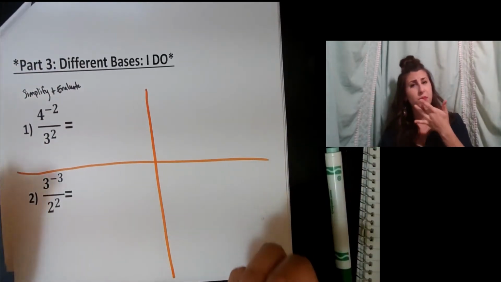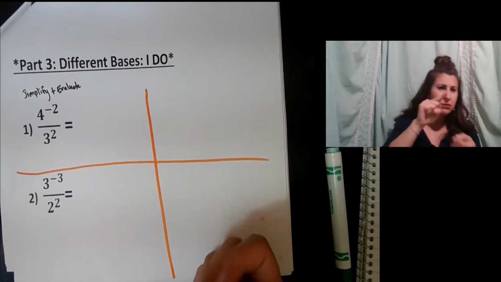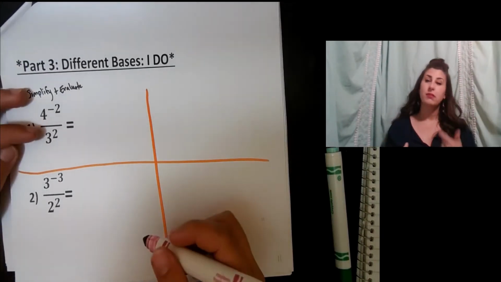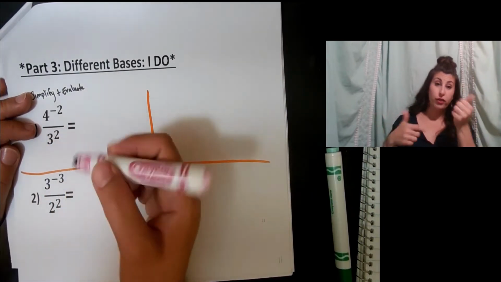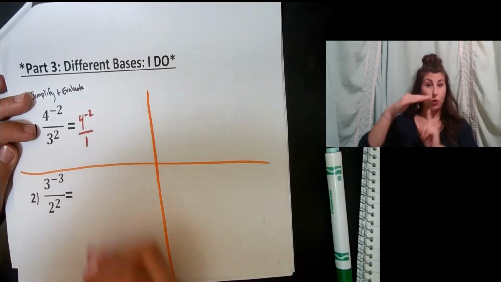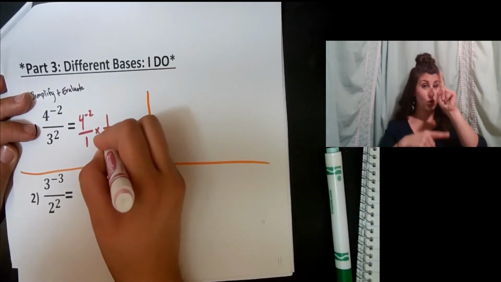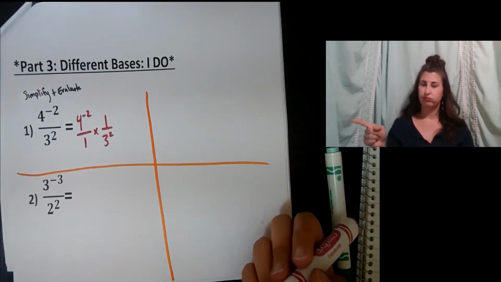All right, so some people like to do this in sections, right, to simplify and evaluate. What I mean is, if I were to split this into fractions, it would look like this. I would say 4 to the negative second over 1 times 1 over 3 squared. Whoa, how did we get that? Well, all I did was separate it.